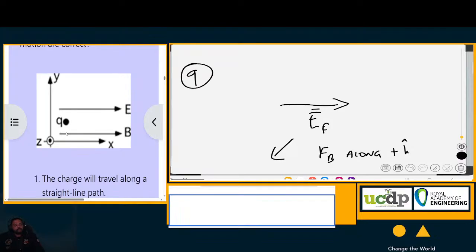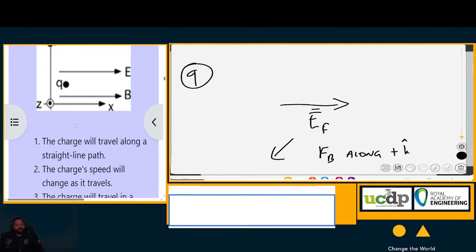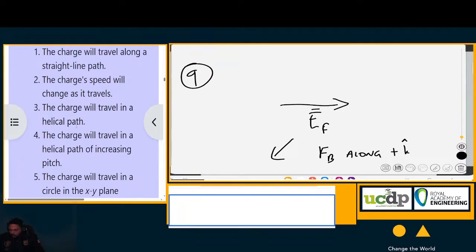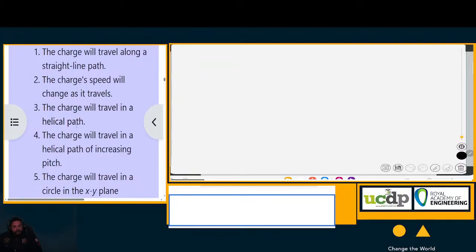So it has two forces on it. What will happen? The electric force will exert a force on it.